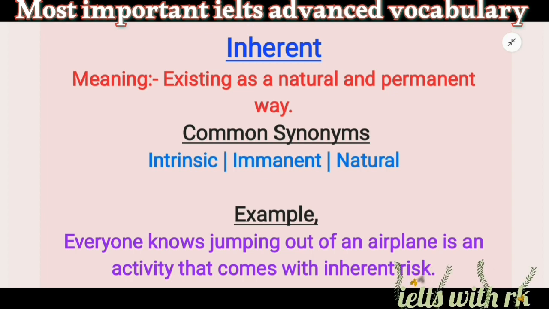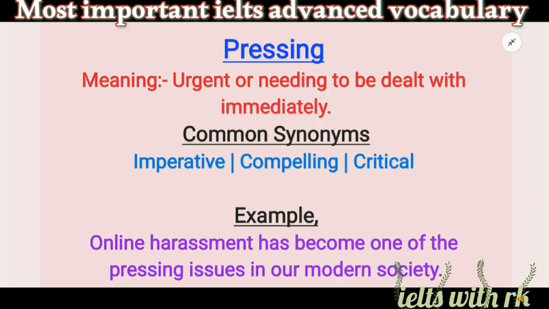Inherent. Existing as a natural and permanent way. Intrinsic. Immanent. Natural. Everyone knows jumping out of an airplane is an activity that comes with inherent risk. Pressing. Urgent or needing to be dealt with immediately. Imperative.